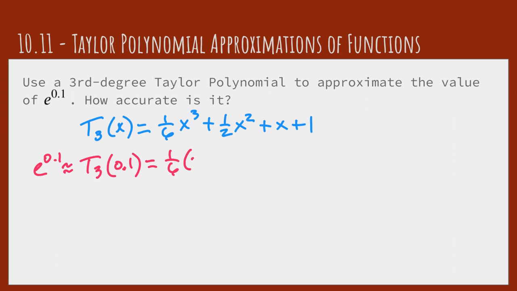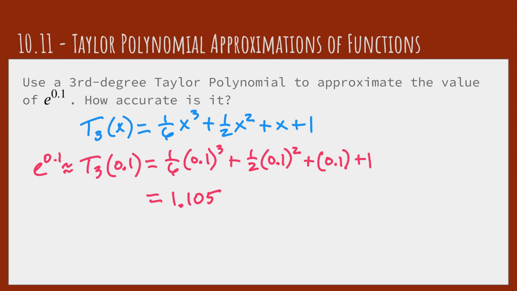It's 1/6 times 0.1 cubed plus 1/2 times 0.1 squared plus 0.1 plus 1. Now this is going to give us another approximation. I'm going to get that by just plugging it into my calculator, and I get 1.10516, and then the sixes start repeating.